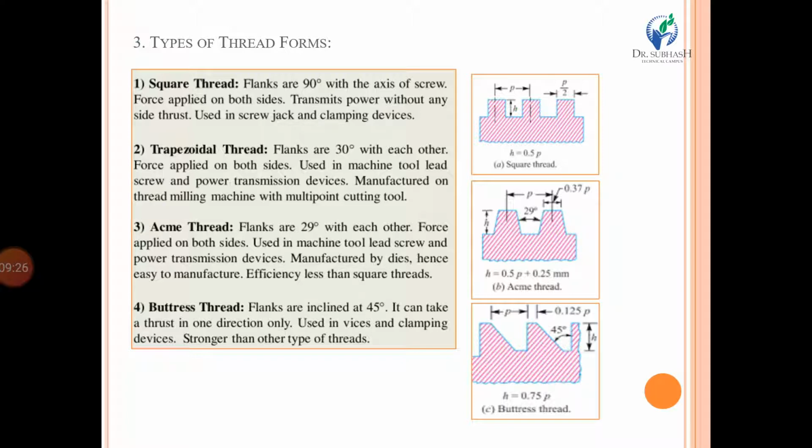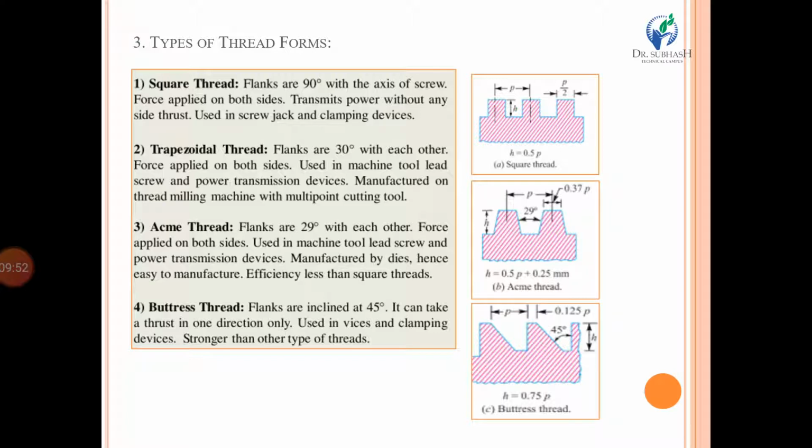Then after, the last one is the buttress type of thread, and it has a very specific application. Look at the diagram, you will find that it is actually a combination of square and trapezoidal or Acme or V thread. Generally flanks are arranged with the vertical plane at 45 degrees, and it is used in vices and clamping.